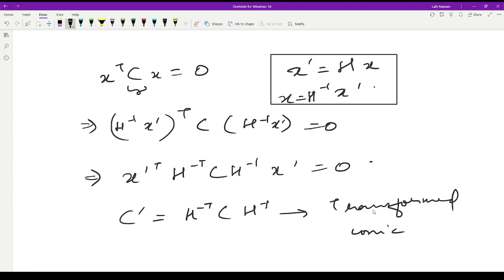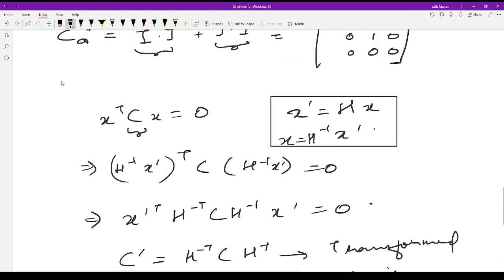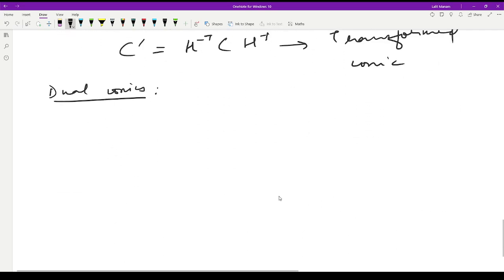How do you represent dual conics? Can anyone tell that? Does anyone remember the diagram that was shown in the class?